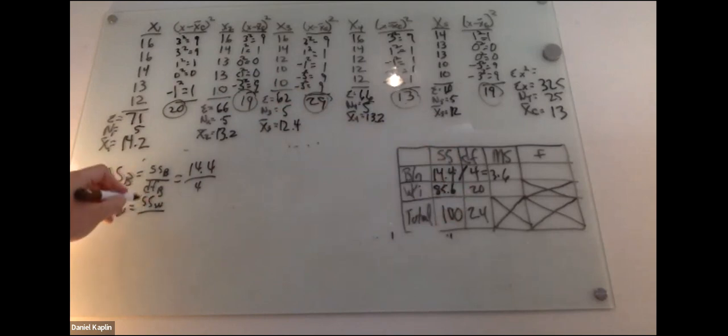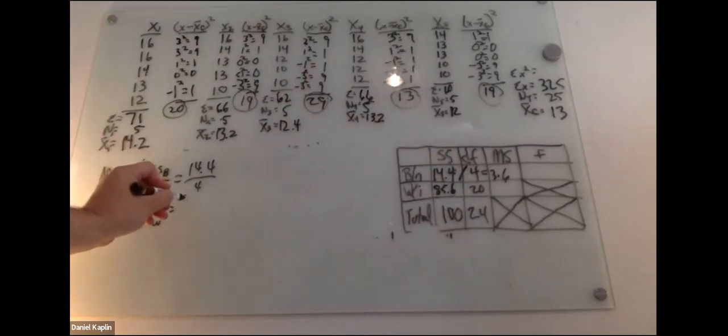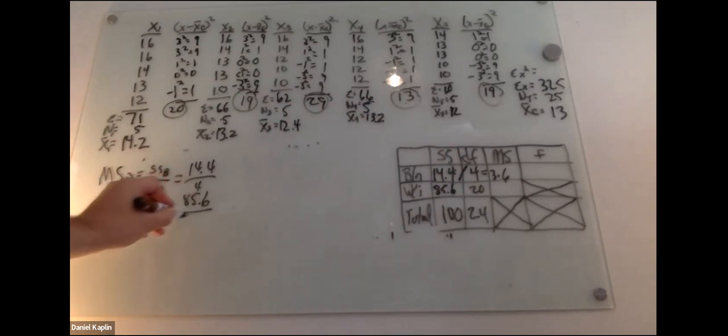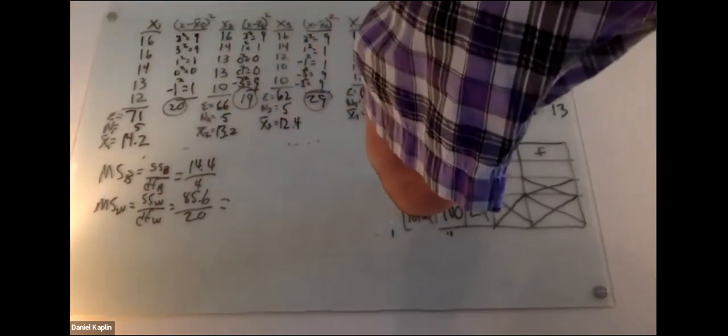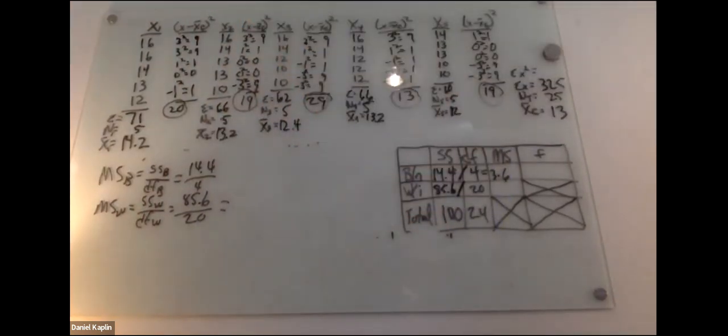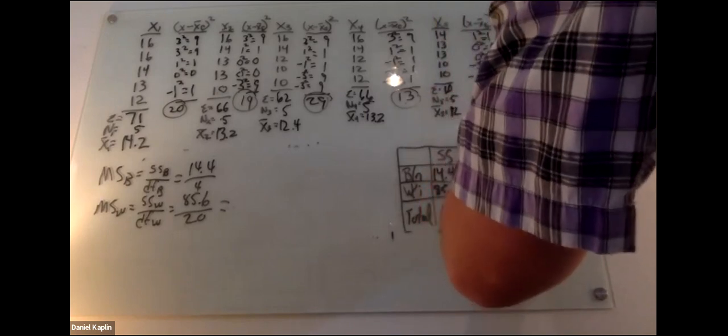SSW divided by DFW gives us 85.6 over 20, right? That's just dividing across here. What do we get? 85.6 divided by 20 gives us 4.28.